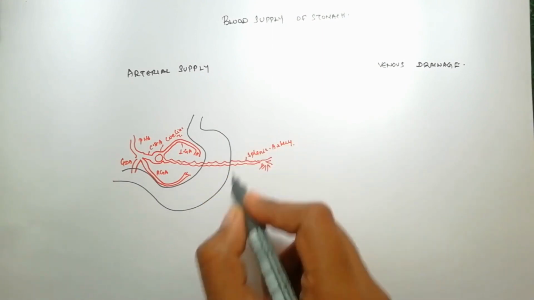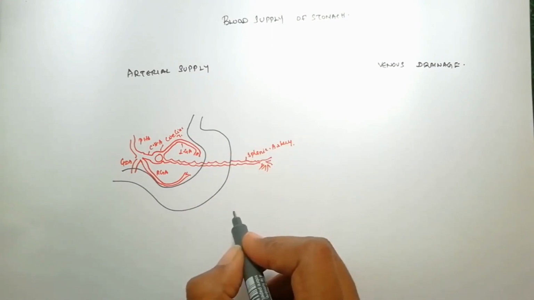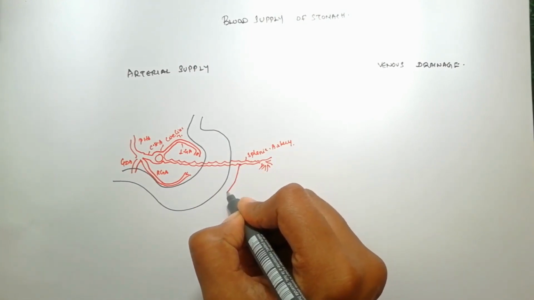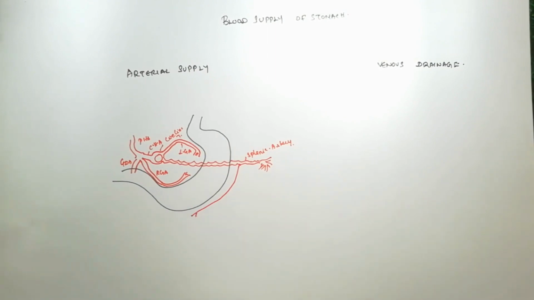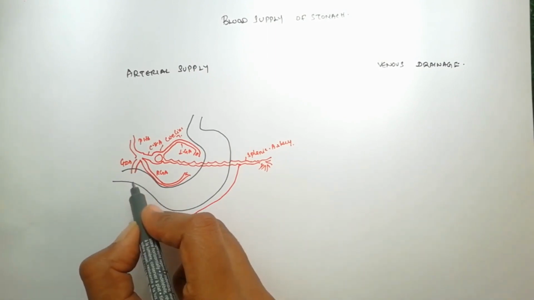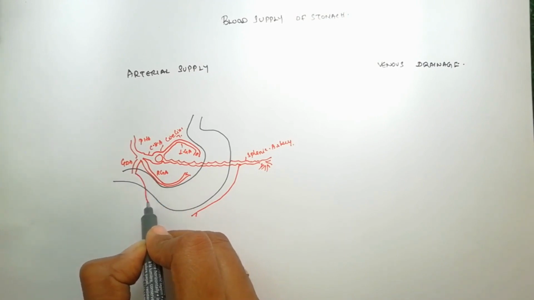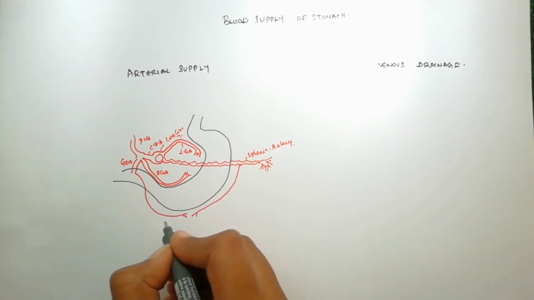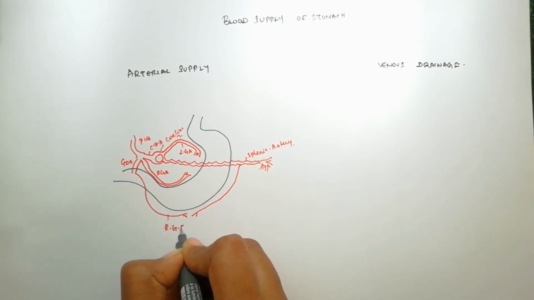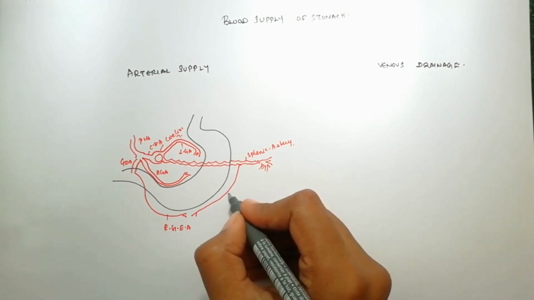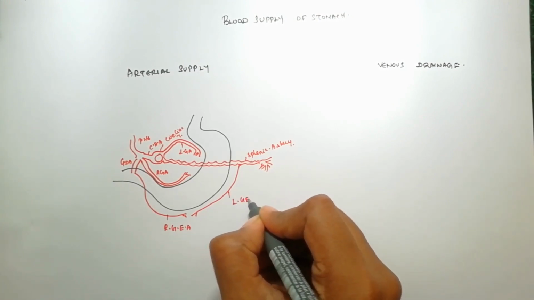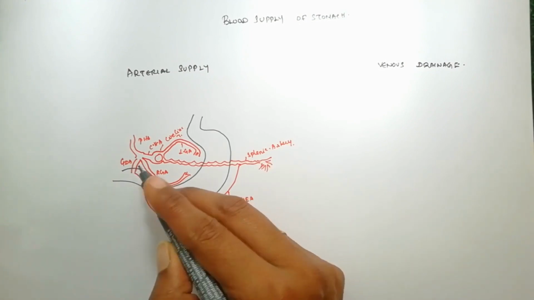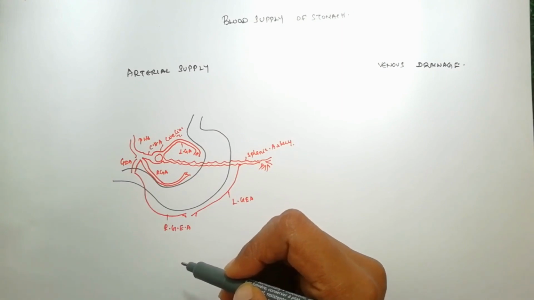Now the greater curvature: we have the left gastroepiploic, which comes from the splenic artery, and the gastroduodenal artery gives one branch which anastomoses in the greater curvature, the right gastroepiploic artery. Right and left gastroepiploic arteries anastomose with each other. One is from the splenic artery and the other from the gastroduodenal artery, which is a branch of the common hepatic artery.